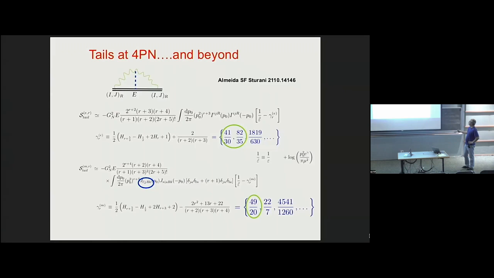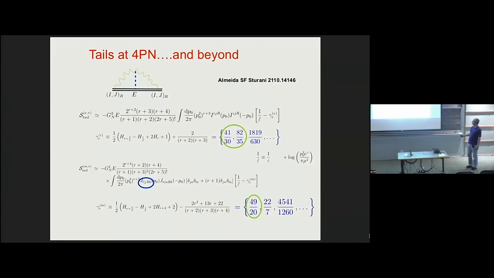And the same structure, which consists of a pole, the ultraviolet pole I was mentioning about, a non-local term, which is also very well understood, and the finite piece, which is the prediction, which you have to plug in your Hamiltonian. And we have a general expression for this number for every multipole.